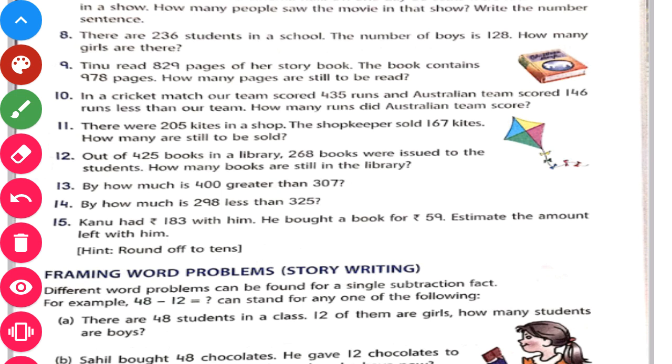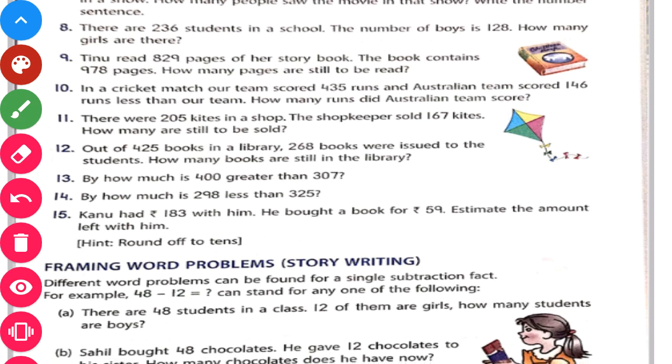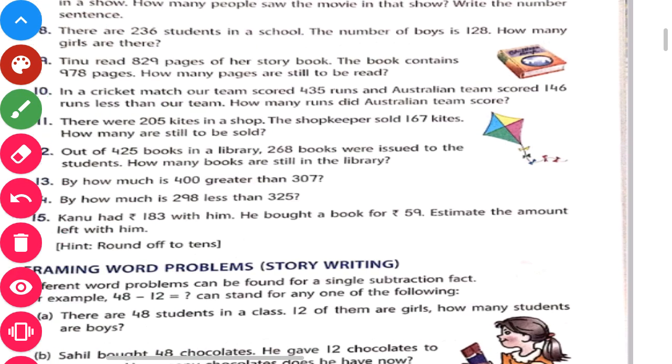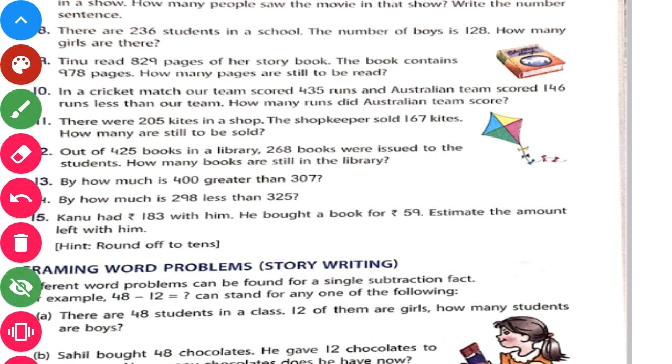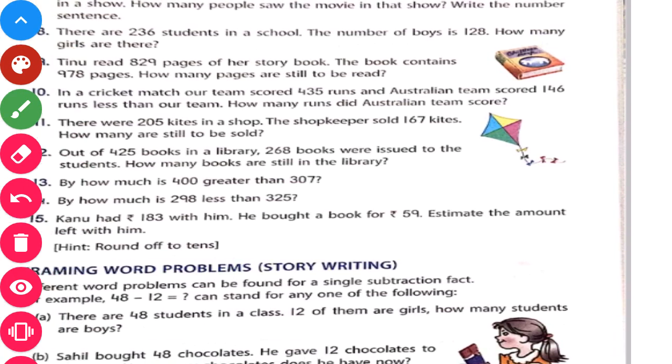What we will do here? Total is given, one part is given, we have to find the other part. Yes, we will subtract here. Let us do it. Total number of pages were 978, and 829 pages from that Tinu read.